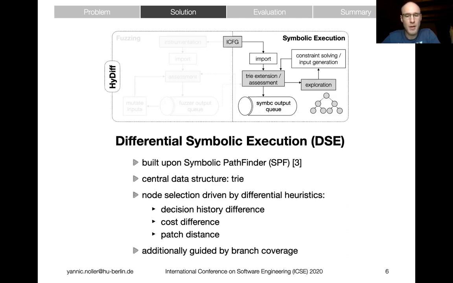This is done by, again, differential heuristics. If you remember, in the symbolic execution, we have these change annotations in the program, and we specifically drive the decision history difference. So this is the most important metric for our differential symbolic execution, but as well, we have also the cost difference and the patch distance. And again, this process is also guided by branch coverage.